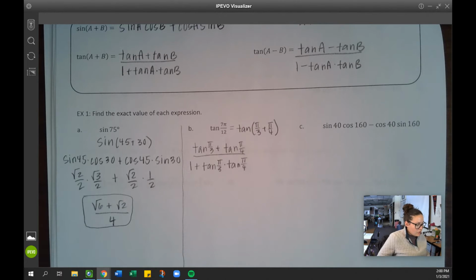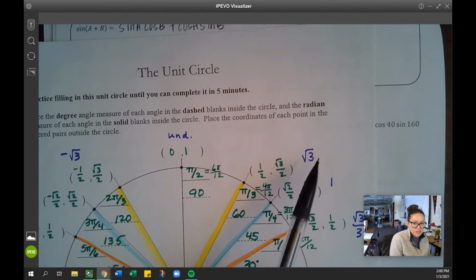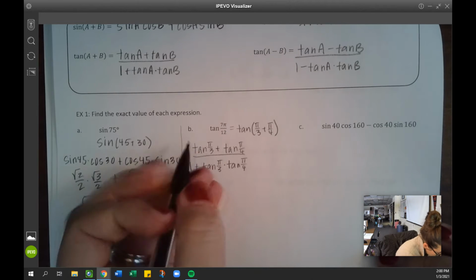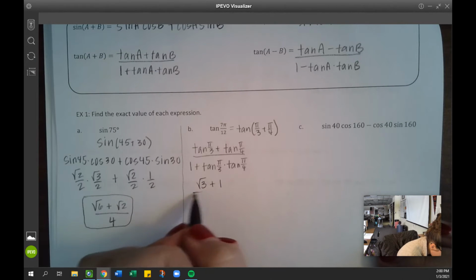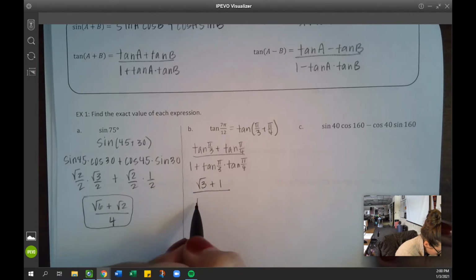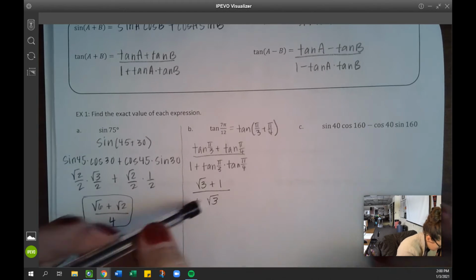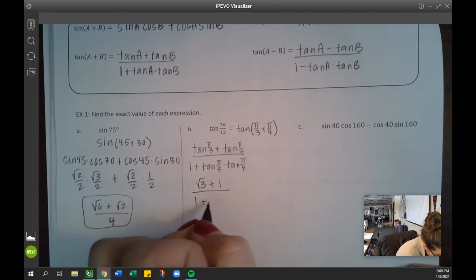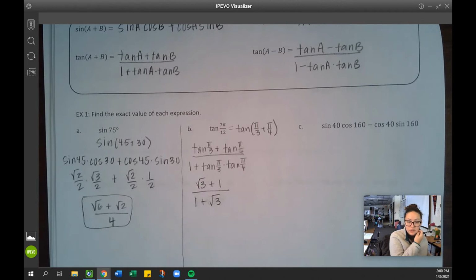And again, I'm going to pull these values straight from our unit circle. So tangent of pi over 3 is the square root of 3. Tangent of pi over 4 is 1. So this gives me the square root of 3 plus 1 over 1 plus the square root of 3 times 1, which is still just the square root of 3.